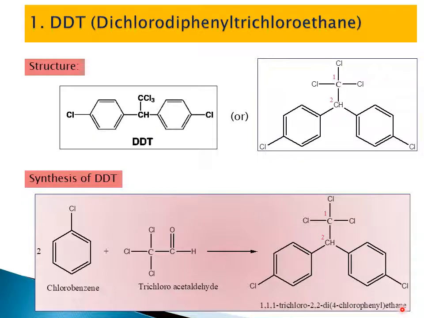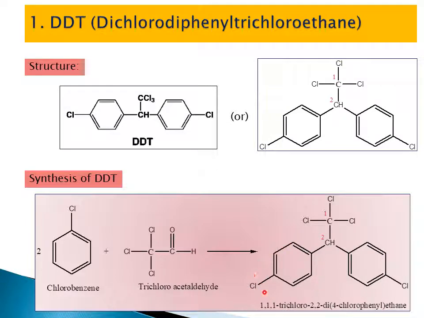di(4-chlorophenyl)ethane, which is the chemical name of DDT. I repeat the chemical name. At the first position, 3 chlorines. That's why we represent the 3 ones, 1,1,1 trichloro. The second carbon atom carries the 4-chlorophenyl groups.